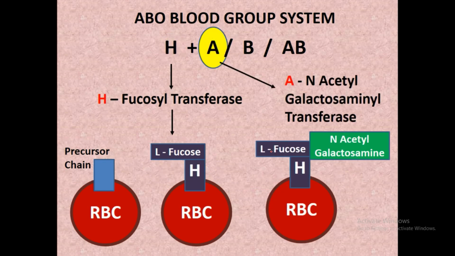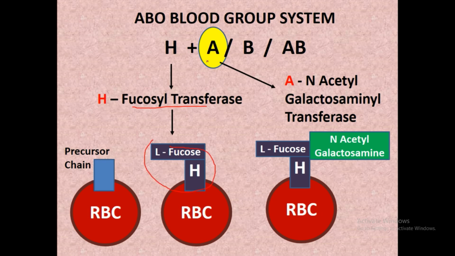Now we are going to see how the synthesis of antigen A and antigen B takes place on the surface of RBC. Before the synthesis of antigen A or B, there must be the presence of H substance. The H gene encodes the enzyme fucosyl transferase which transfers L-fucose to the precursor chain. So this H substance is formed.